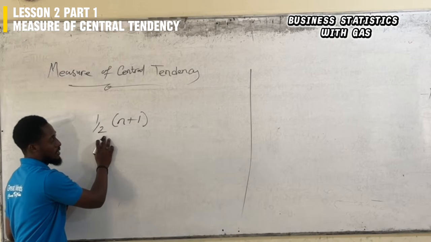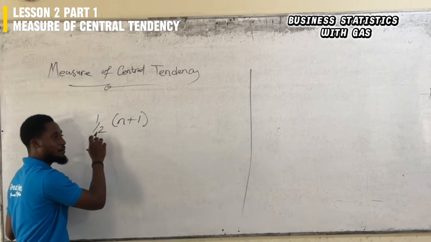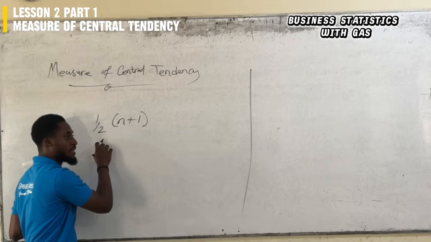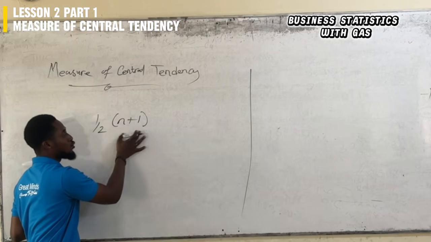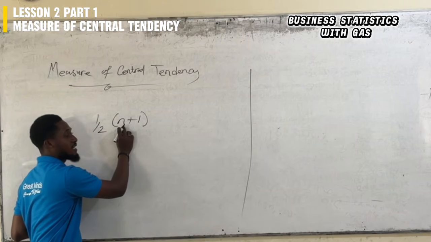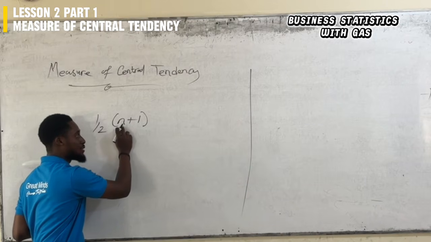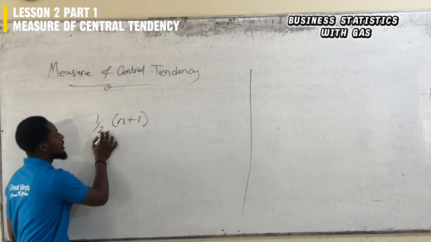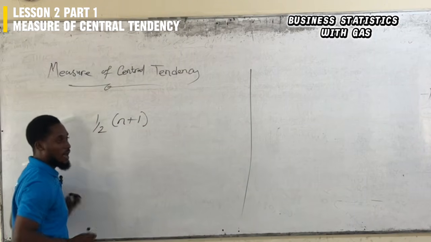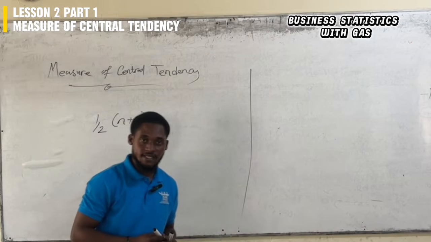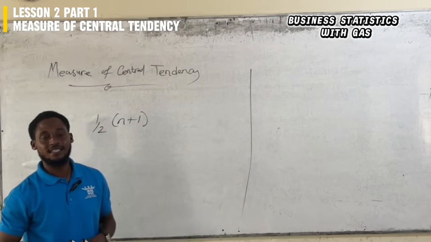I repeat, when the number in the middle of an ungrouped data is odd, this is what you do.